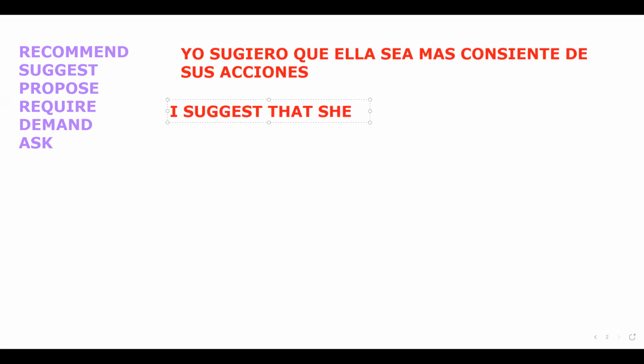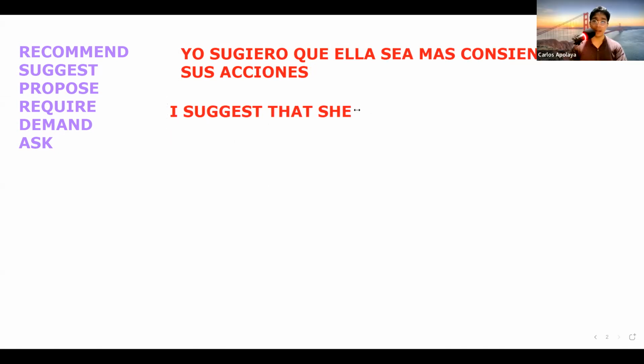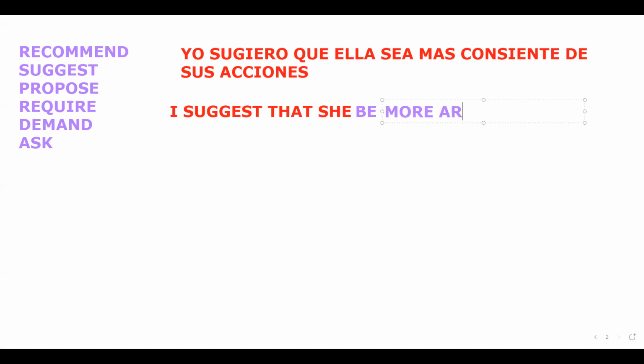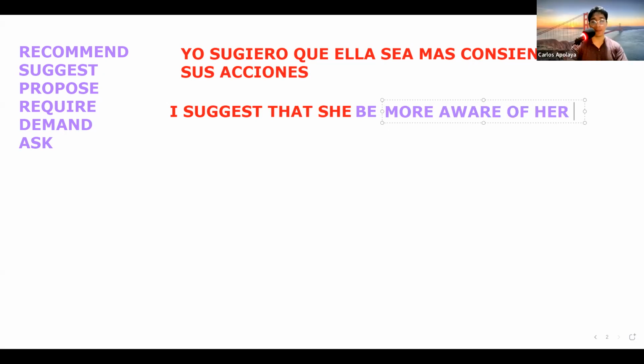That she be. Ese de que ella sea no es futuro, es presente. I suggest that she be more aware of her actions, or her behavior. Pretty similar. Did you understand?